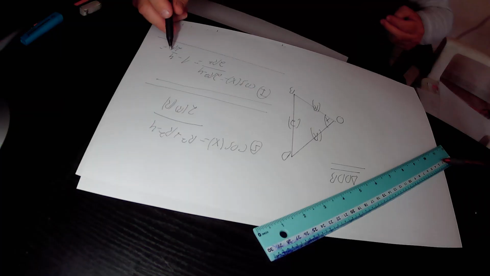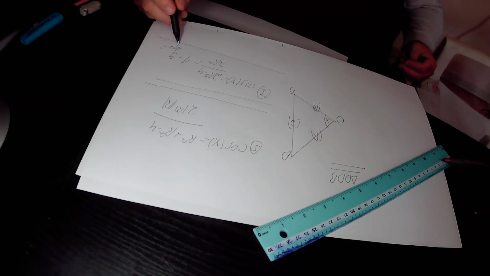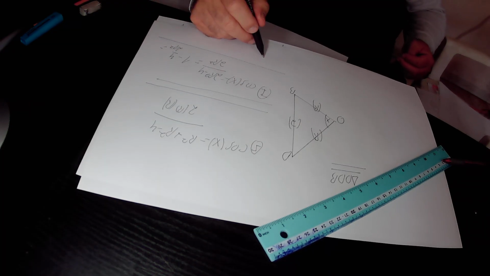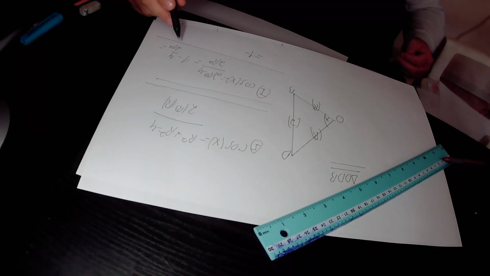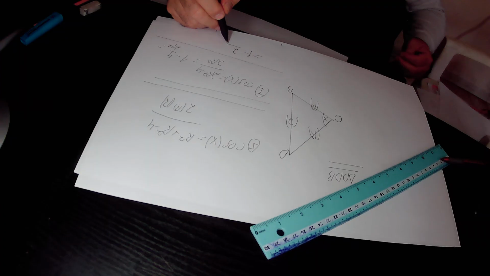Here we divide both the numerator and the denominator by 2, and we get 1, and minus 4 over 2 is minus 2, and 2R squared over 2 is R squared.